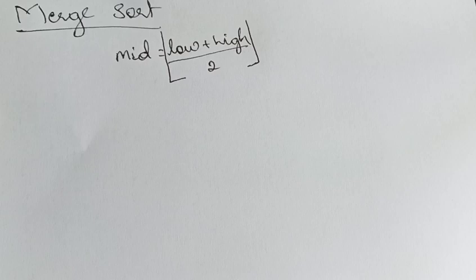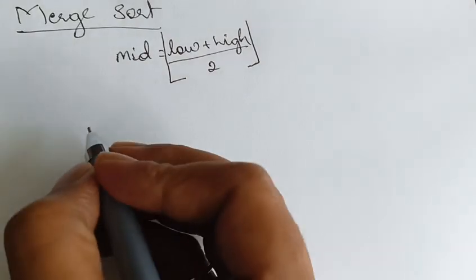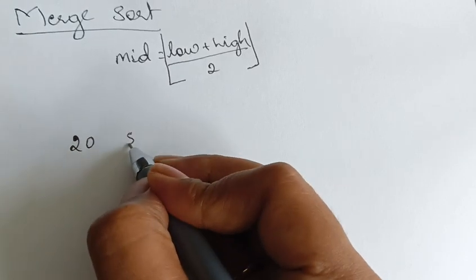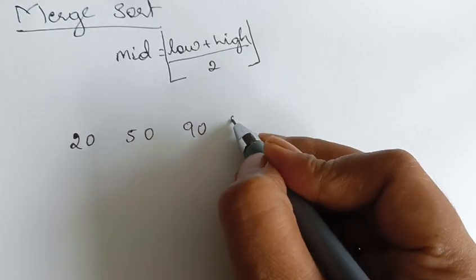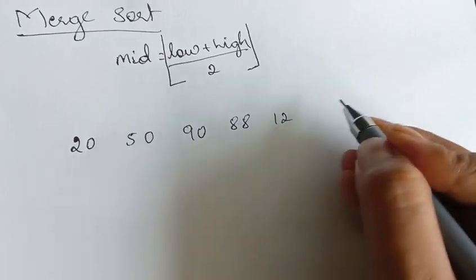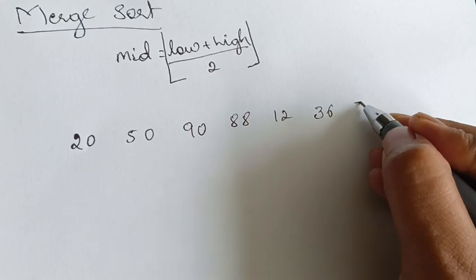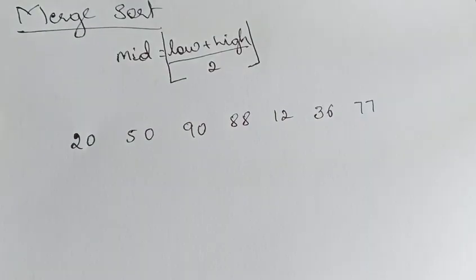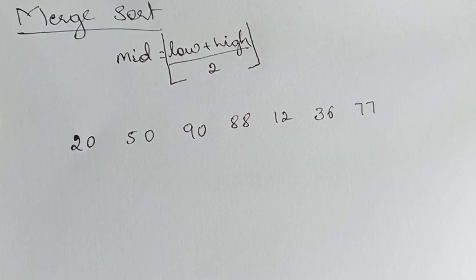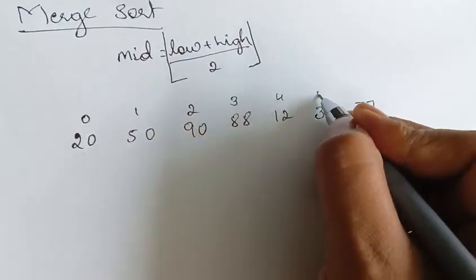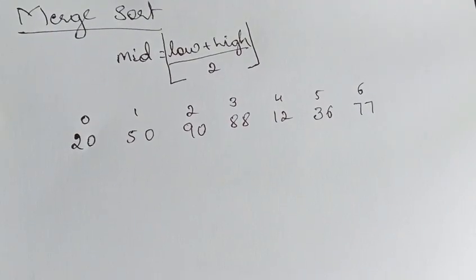Now we'll take an array and see how we are going to divide the array elements. Let me take some elements randomly. Yes, these are the elements I have taken. Now I'll write the array indices.